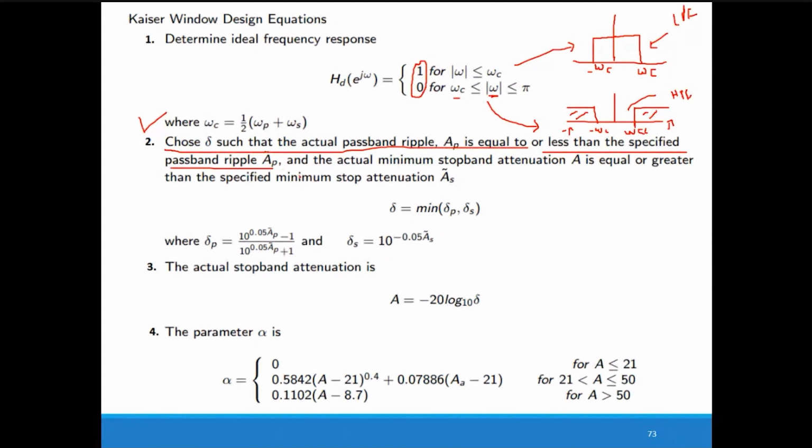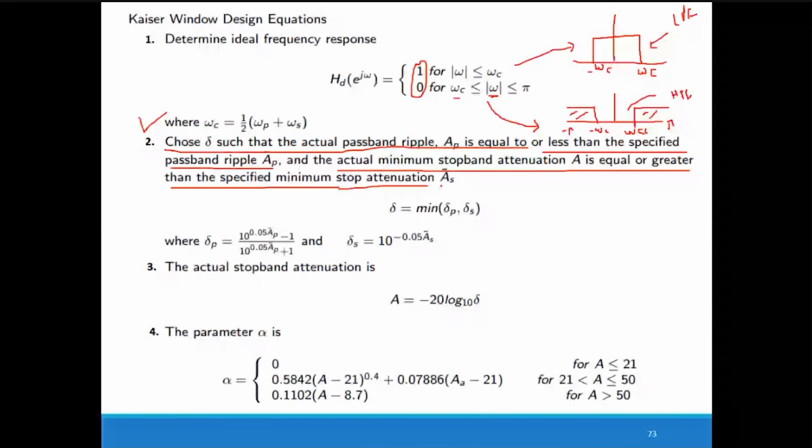Then similarly, the actual minimum stop band attenuation A is equal or greater than the specified minimum stop band attenuation, that is AS tilde. So delta is equal to the minimum of delta P and delta S. Suppose delta P, the passband ripple, is given to you, and delta S, the stop band ripple, is given to you. You have to select delta like this, that is equal to the minimum of delta P and delta S.